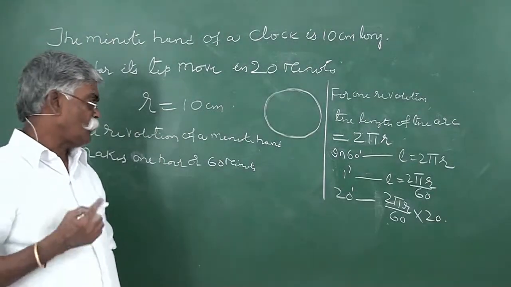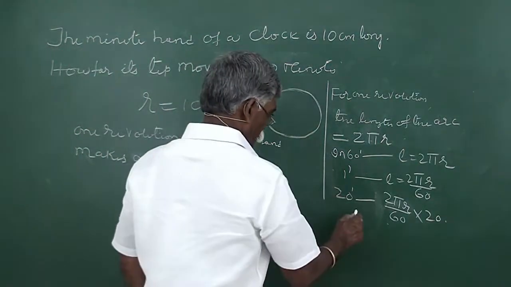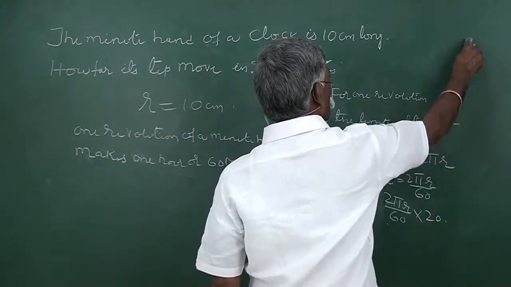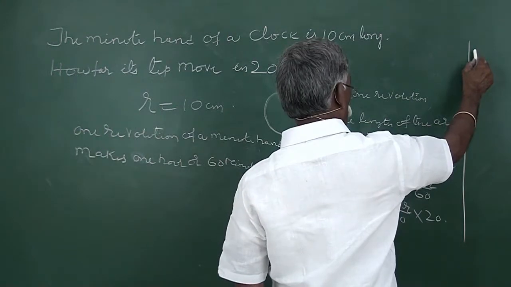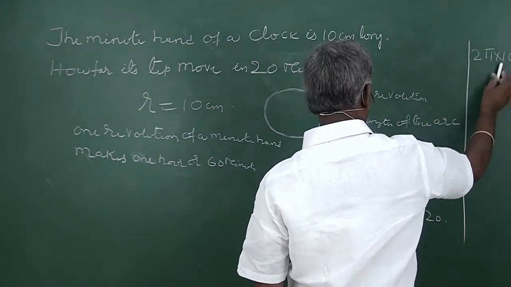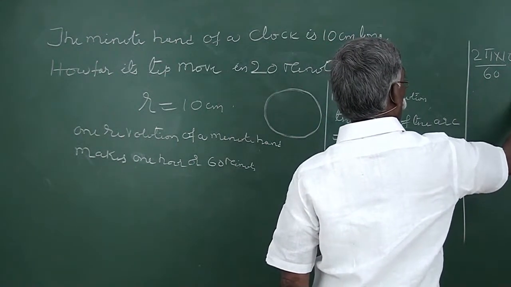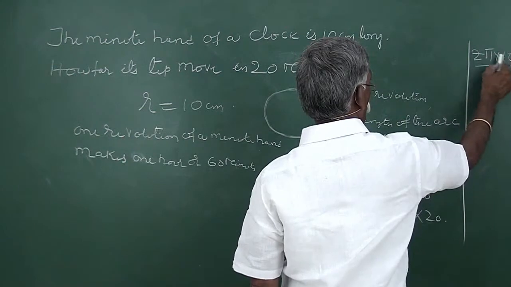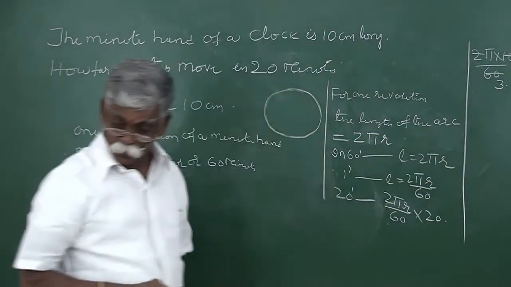So 20 goes 3 times, and r is given as 10. So therefore, this is equal to 2 pi into 10 by 60 into 20. 10 to 20 goes here 3.